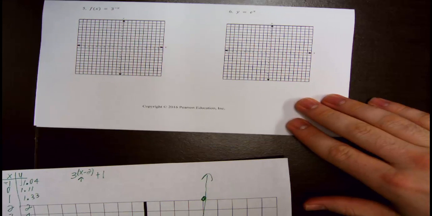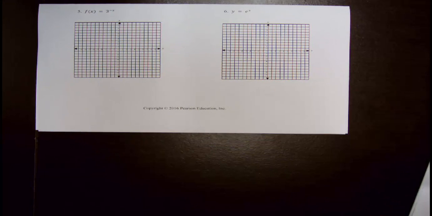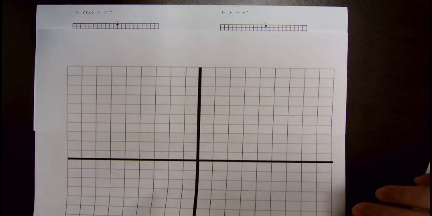So in example 5, we have a base of 3 still to the power of negative x. And I'm still going to do that xy chart, and I'm still going to start with negative 1, 0, and 1.